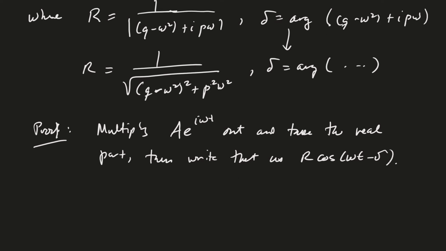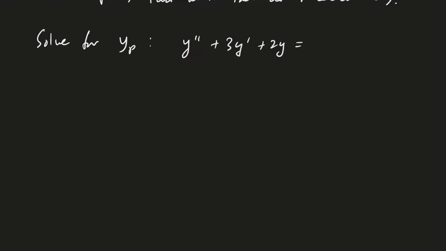All right, so here's our differential equation. We'll solve, and this again is just for the particular solution, when we're given y double prime plus 3y prime plus 2y equals cosine of t. So our ansatz is y sub p equals a e to the it.